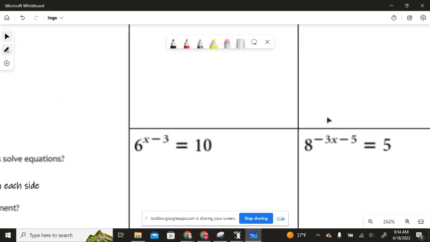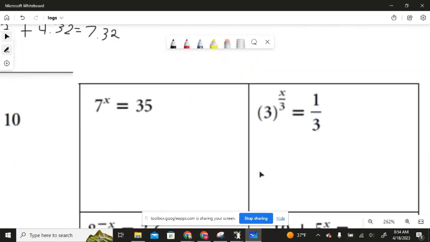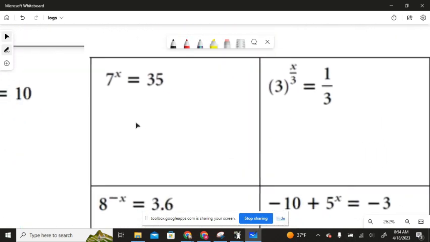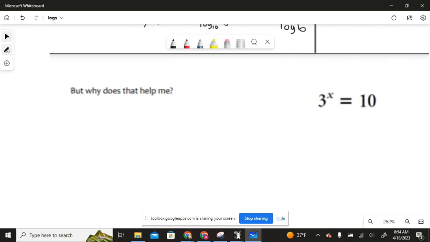All right, let's get into some stuff that can help us check it out, okay? Now, I'm going to give you most of the stuff as practice on the inside of this. But before we do, let's talk about it just a little bit. First off, why does taking the log of both sides help you?